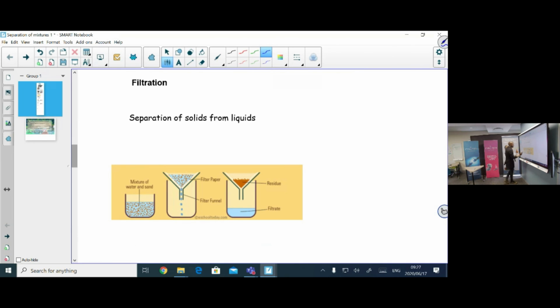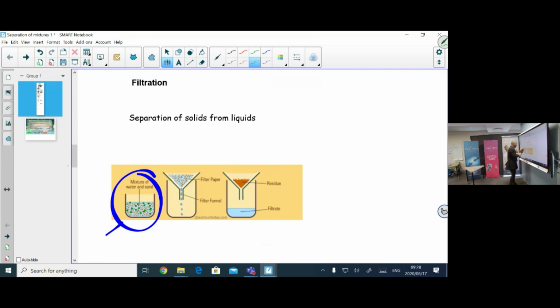Say we have a mixture here, our nice little mixture in a beaker, and we're looking to separate these solids from the liquid in which they are immersed. How do we go about that? So we are going to take a funnel.